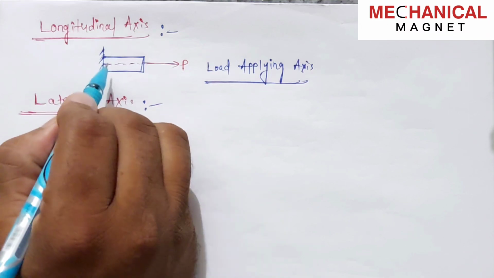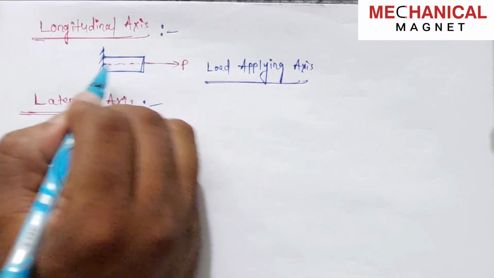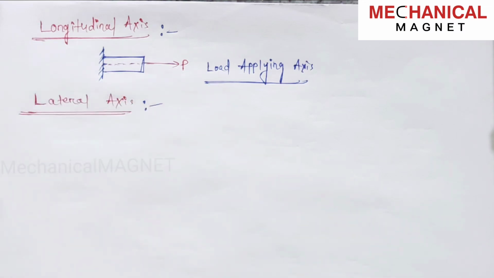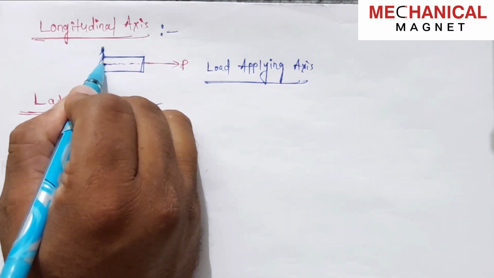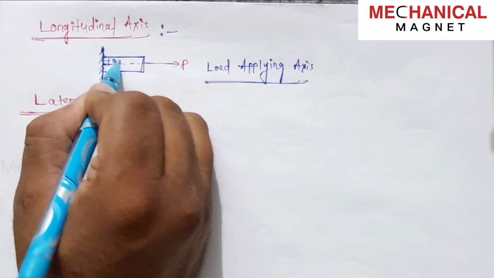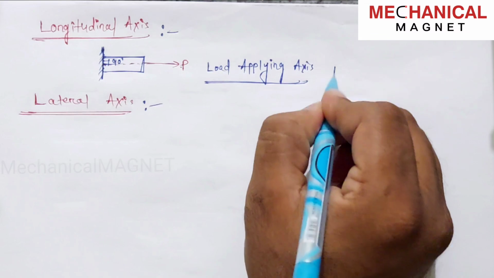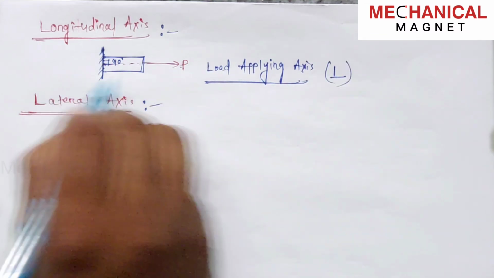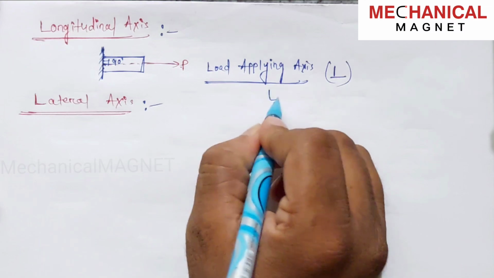Meaning the direct load that is applied along one axis in a body is known as the longitudinal axis. This is the constrained body, so here it will create 90 degrees, the right angle. So this is the perpendicular axis, we can say. This is also known as the linear axis.